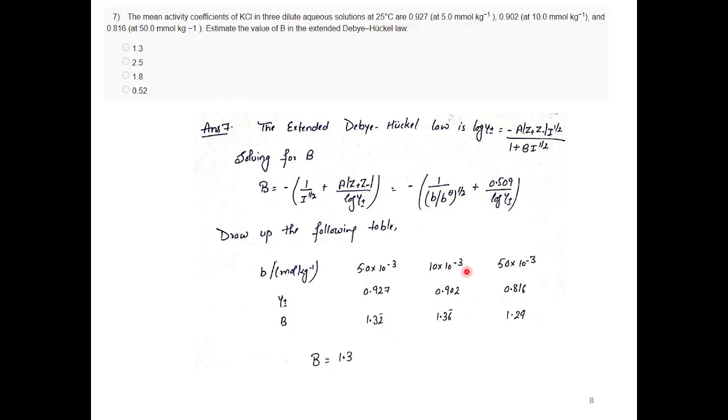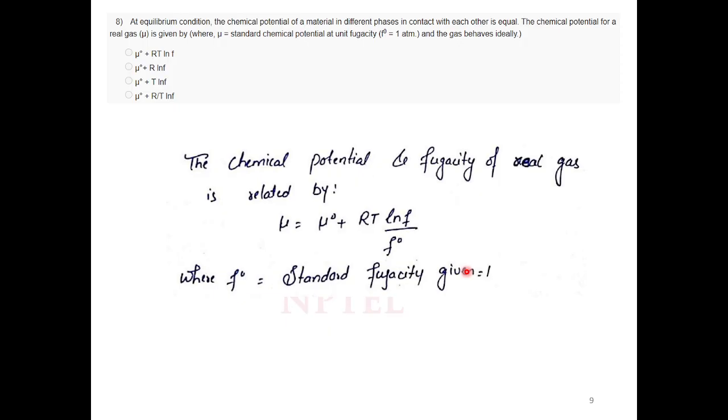Here the mean activity coefficients of KCl in dilute aqueous solution at 25 degrees Celsius are 0.923, 0.902 and 0.816. So state the value of b in the extended Debye-Huckel law. Find the value of b, 1.3. Like this we also have to calculate the equilibrium condition mu equals mu 0 plus RT ln f by f0, where the standard fugacity is given.